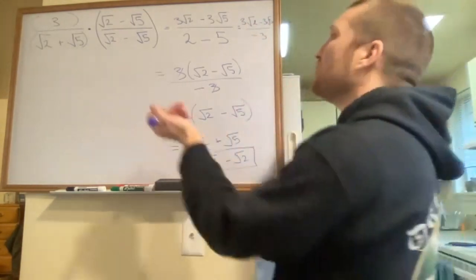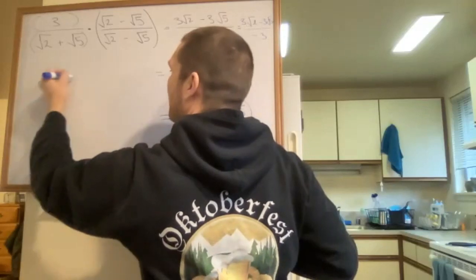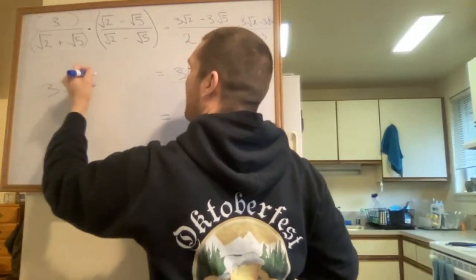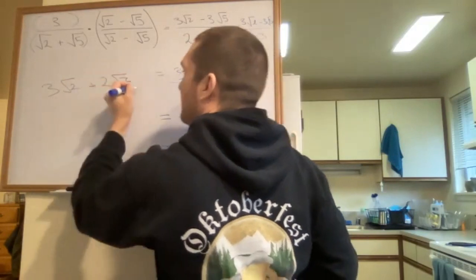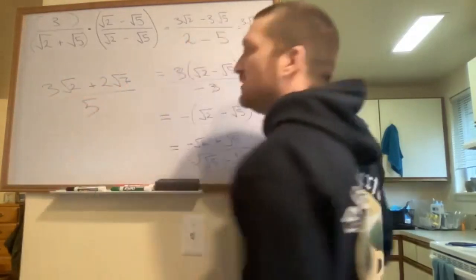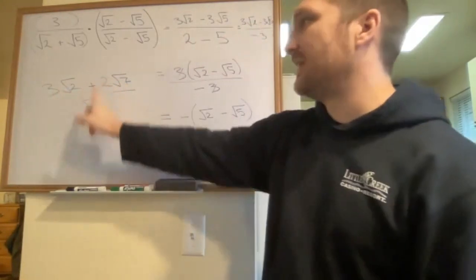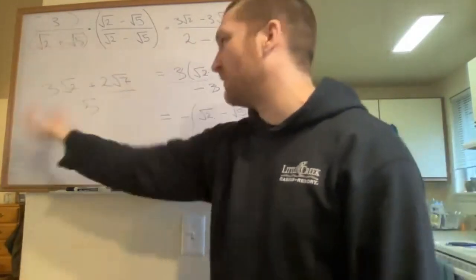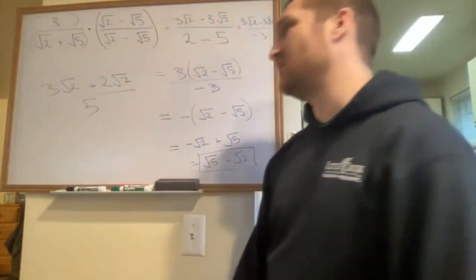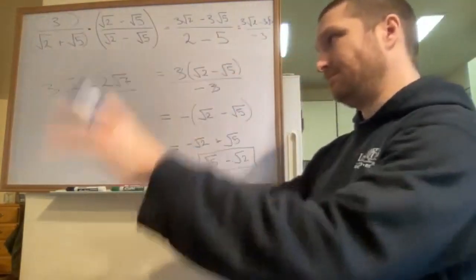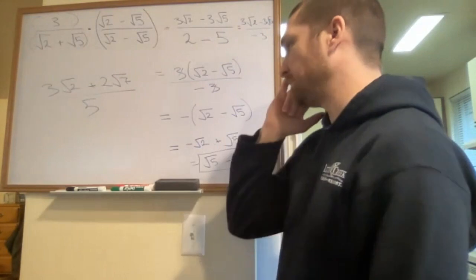But in general, you'll probably end up with stuff that looks like this: 3 root 2 plus, I don't know, 2 root 7 all over 5. And you could see those guys aren't canceling anybody. You can't factor anything out. The 5 doesn't divide a 3. The 5 doesn't divide a 2. So we're done. You can just leave it like that.